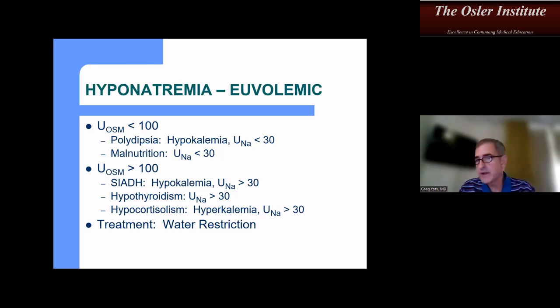So if you haven't figured it out by now, it's really straightforward in working up hyponatremia. Either the kidney's doing its job or it's not. If the kidney's doing its job, urine sodium is going to be low, and you look down that pathway of things outside the kidney as a cause. If the kidney's not doing its job, it's usually due to a drug or a steroid or something like that that's causing the kidney to not behave appropriately.